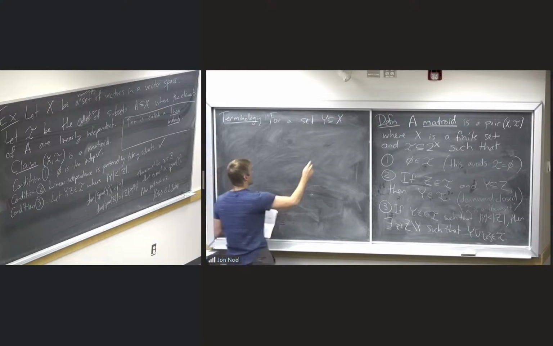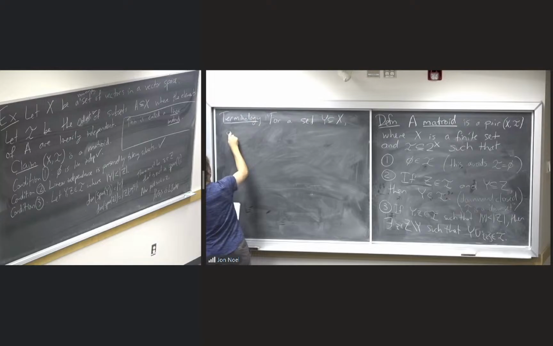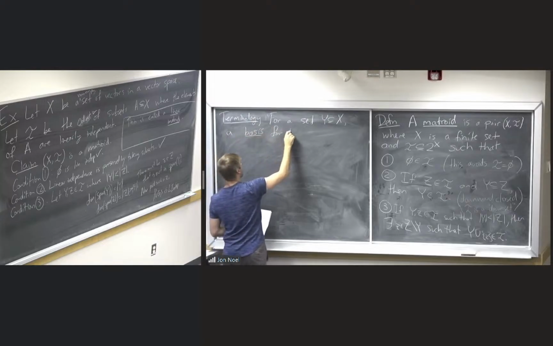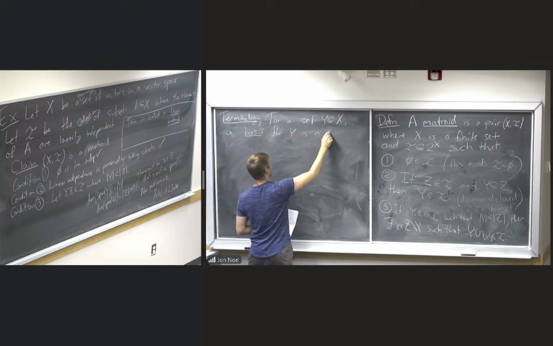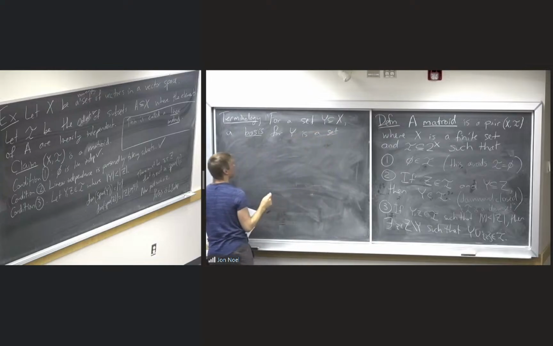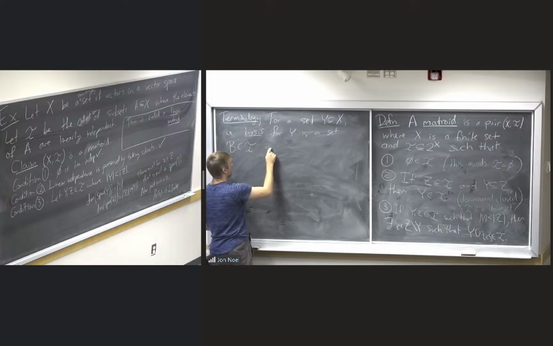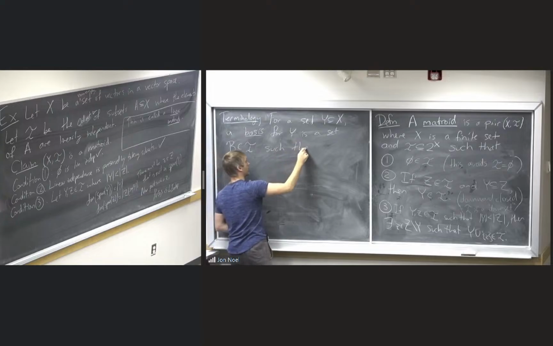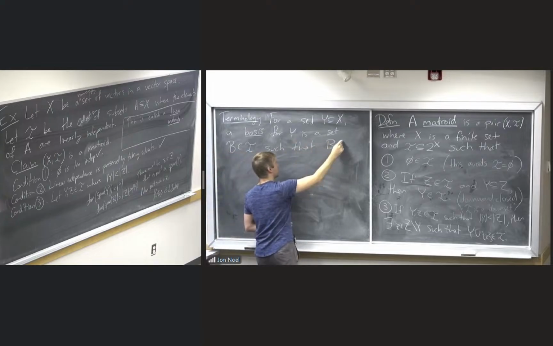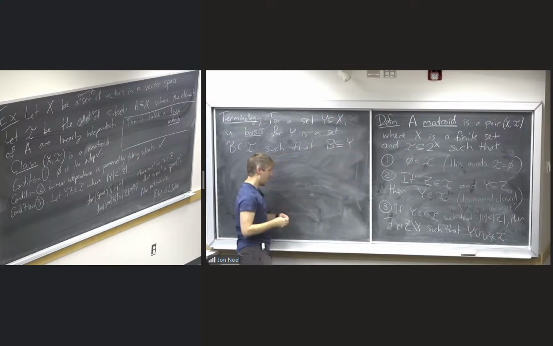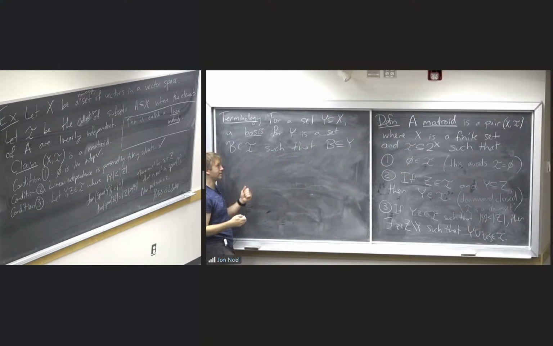A basis for y is a set B, let's say, which is independent, so it's in I, such that B is a subset of y, and it is maximal with respect to these properties.